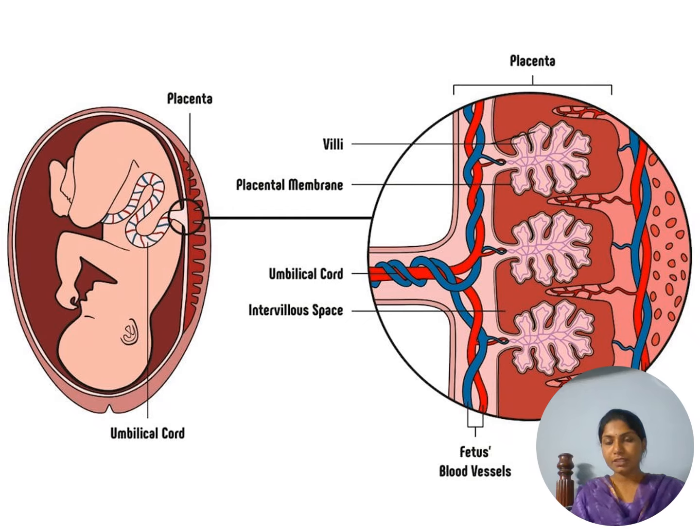So this is one lobe and these are the lobules, and this contains the mesenchyme and the fetal vessels, and this is something called the syncytiotrophoblast, the cytotrophoblast, and the villus mesenchyme along with the vessels. And once there is the intervillus space, there are the spiral arteries which are originating, and here the diffusion occurs. So this is the entire micro picture which happens at the level of the placenta.